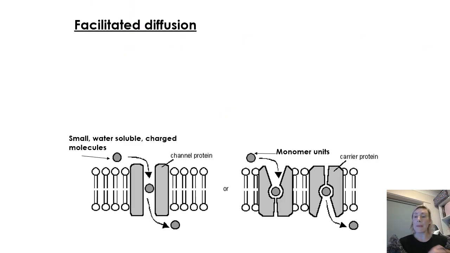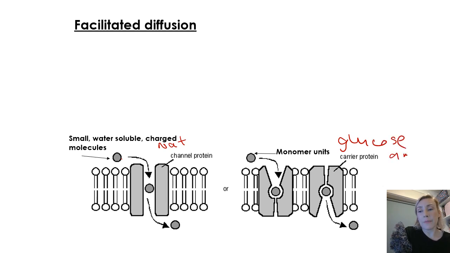In both these two other ways that we've met, you've got small water-soluble charged molecules moving through channel proteins, things like ions, sodium ions, and monomer units, molecules like glucose and amino acids.